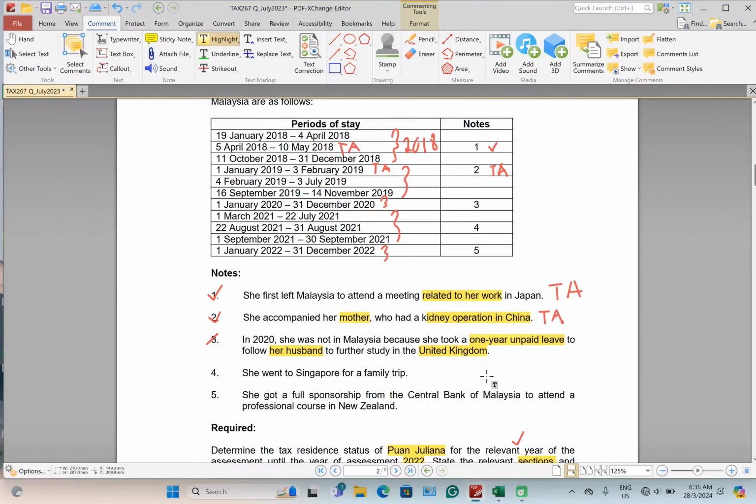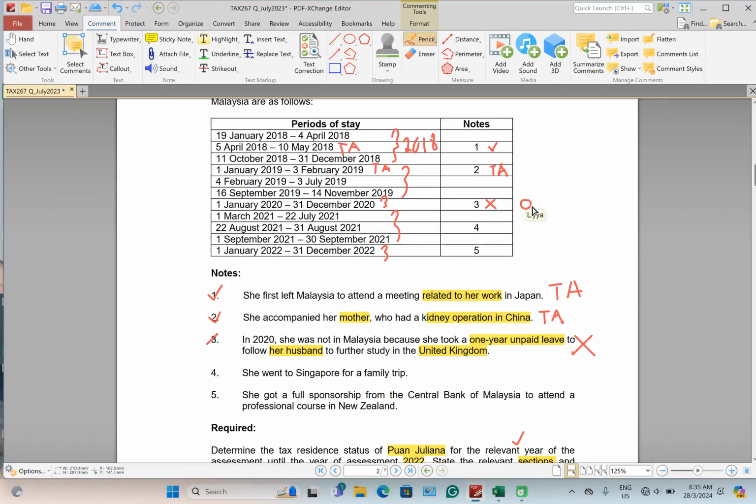Guys, do we have TA related to a taxpayer accompanying someone to further study? No, we don't, isn't it? So what about note number 3? She was absent from Malaysia. This is not TA. So for note number 3, 1st January until 31st December, the whole year, this is not TA. So what is the number of days in YA 2020? 0.